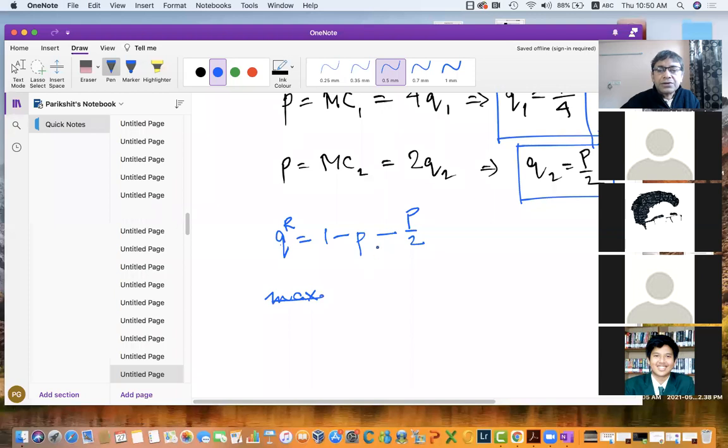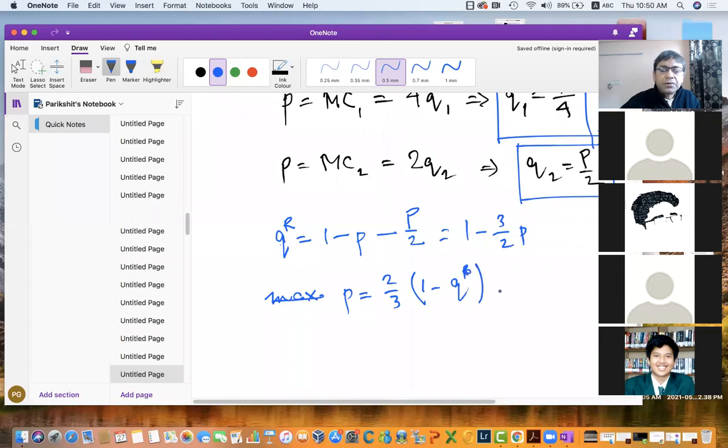Okay, let's actually invert this. So this is Q equals 1 minus 3 by 2 P. If we switch sides, we get P equals 2/3 times (1 minus Q).